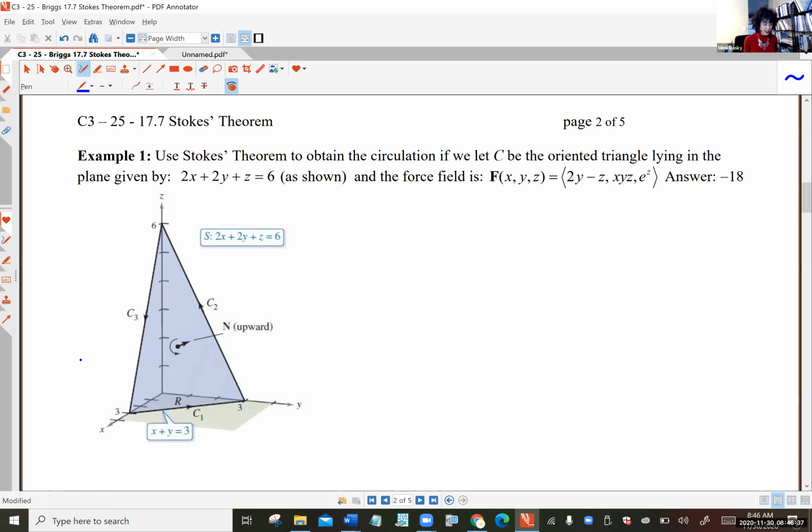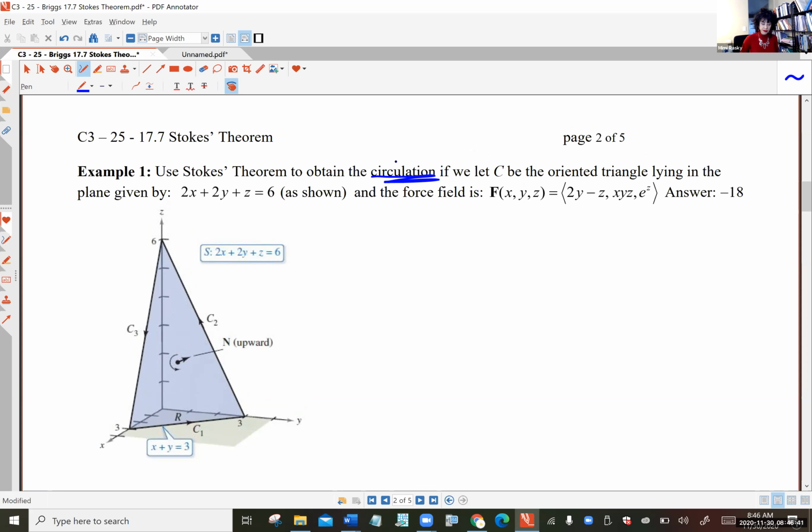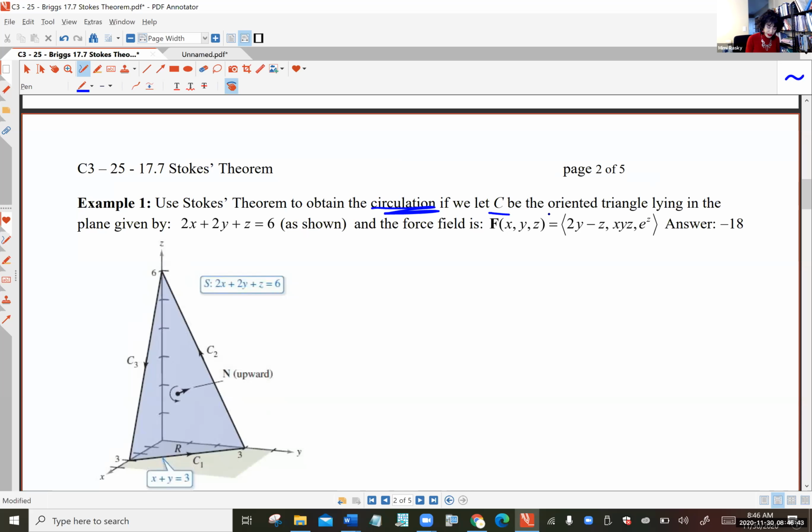Okay, so they want us to use Stokes to obtain a circulation if we let the curve C be the oriented triangle lying in the plane given by 2x plus 2y plus z equals 6.